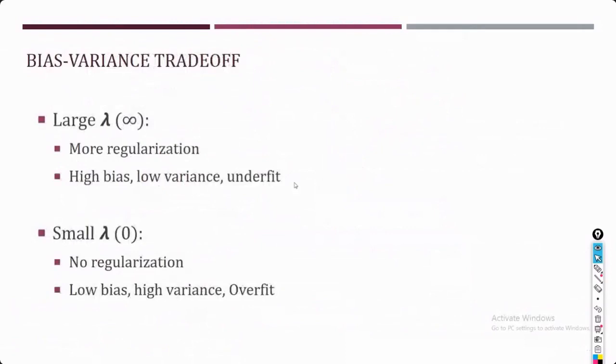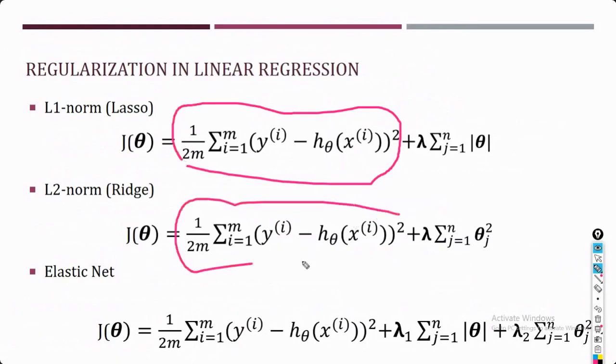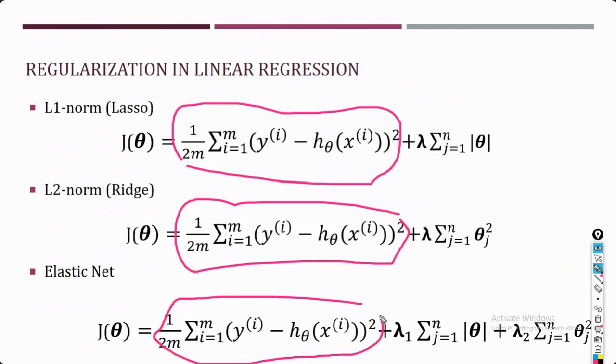There is only a very little difference between your original one and this regularized linear regression. This equation we are already having, this is the original one. What I am going to do is adjust the value of this theta based upon this lambda.